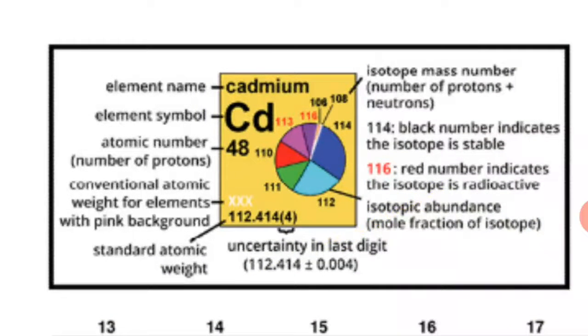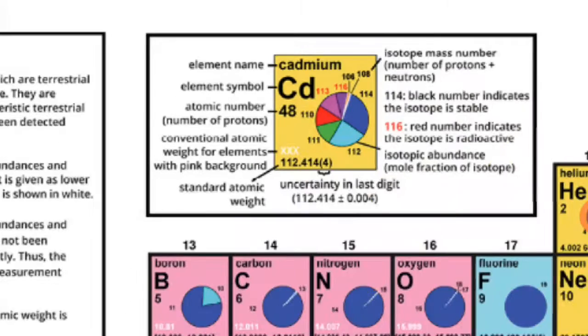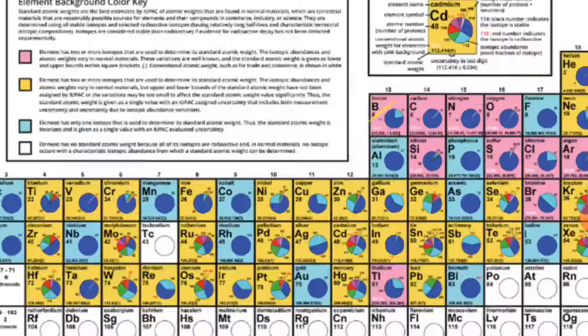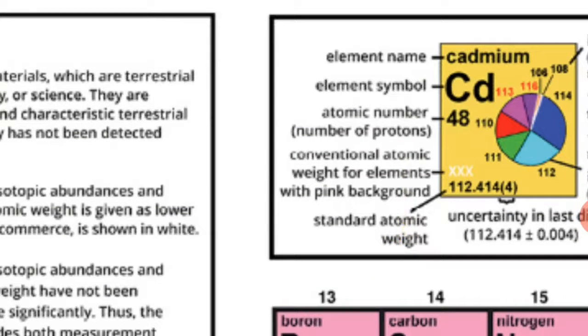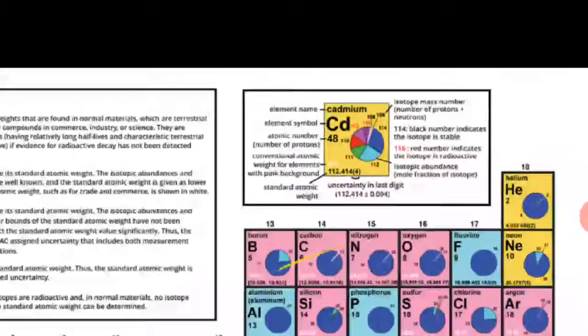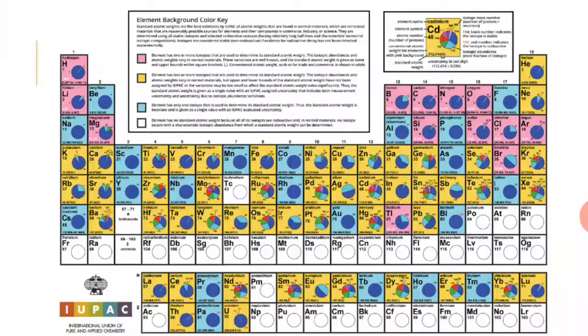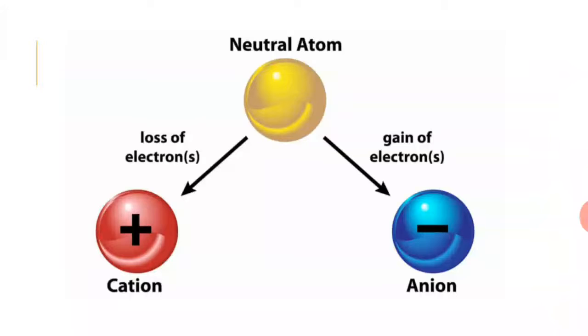The black number indicates the isotope is stable, the red indicates the isotope is radioactive. Radioactivity is a different term. I have shared a link, please Google it and learn more about it. It is not a part of your chapter. I'm just introducing the names. It's a way of representing the periodic table worldwide.